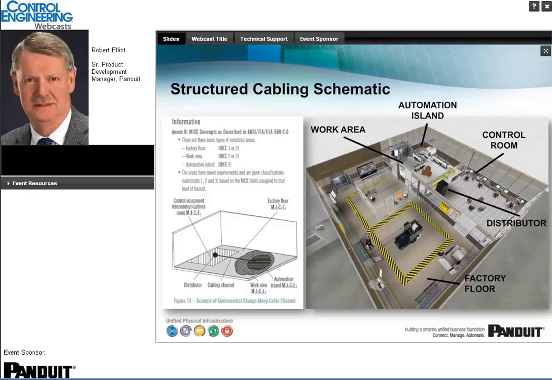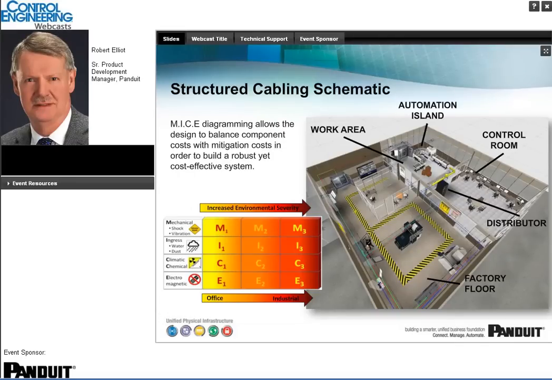MICE stands for mechanical, ingress, chemical and climate, and electromagnetic. And we'll talk more about those in a second. But you can see that this shows the different types of areas that you can see in the industrial plant floor.